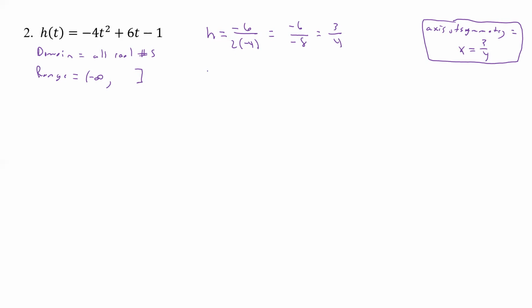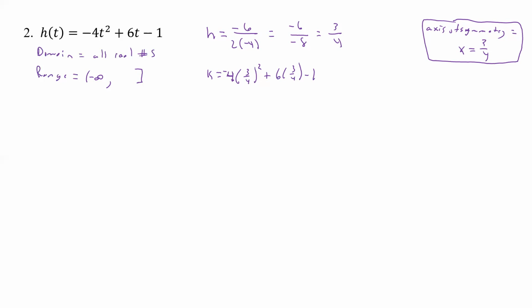Now we need k. Well, k just plugs in h into this equation. So we have a negative 4 times 3/4 squared plus 6 times 3/4 minus 1. Now, if we plug all that in, let's see what that equals.